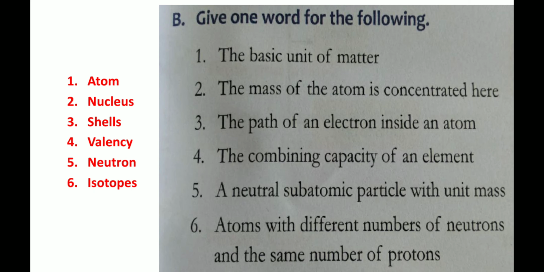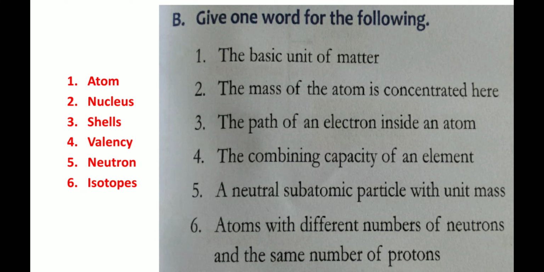Now give one word for the following. The first question, the basic unit of matter. It is called an atom. Second one, the mass of the atom is concentrated here. The answer is nucleus. Third one, the path of an electron inside an atom. The answer is shells.